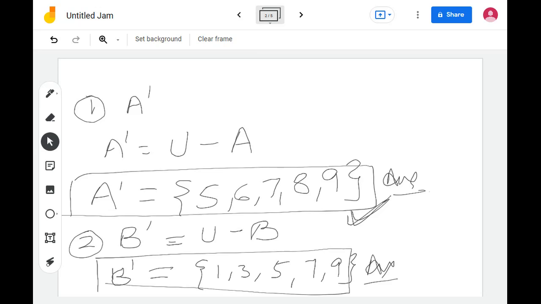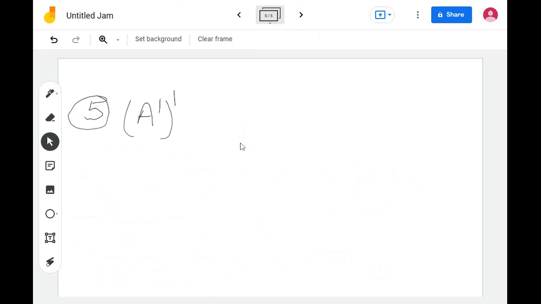Now we will take the complement of it again. Here A complement came as 5 6 7 8 and 9. This is our A complement.